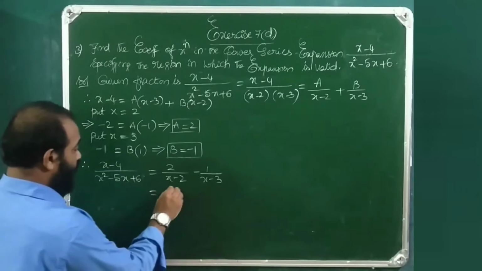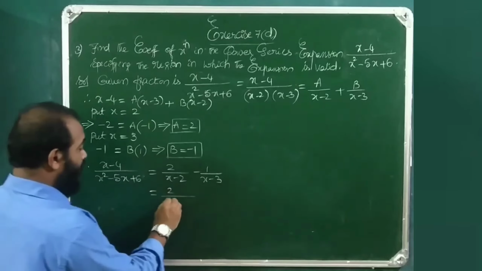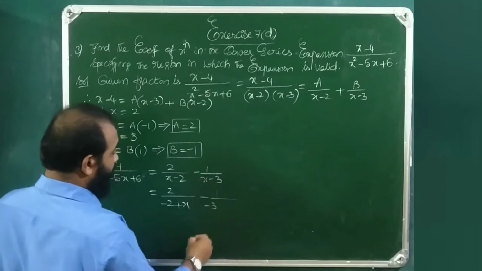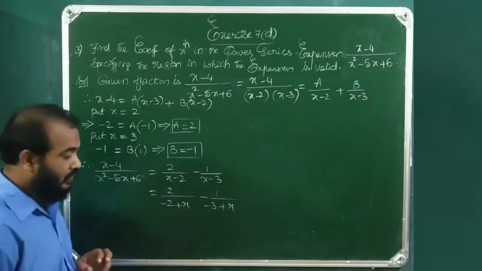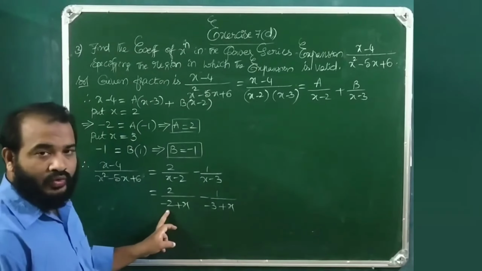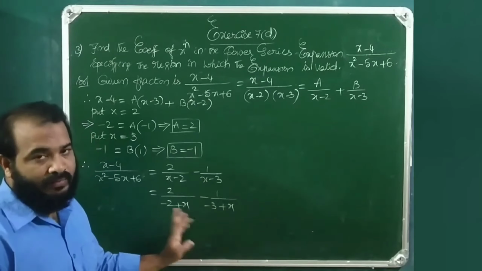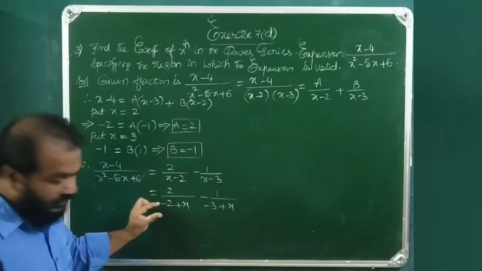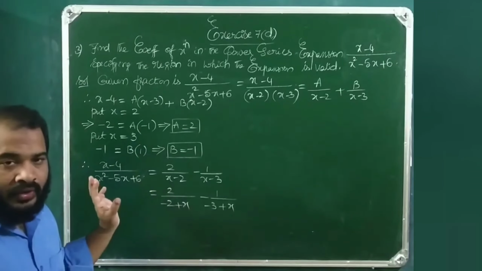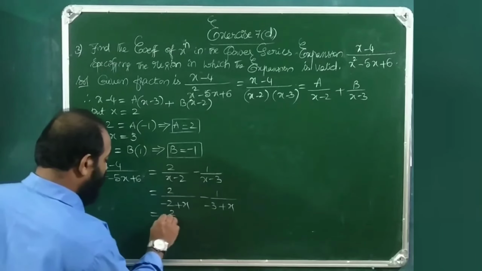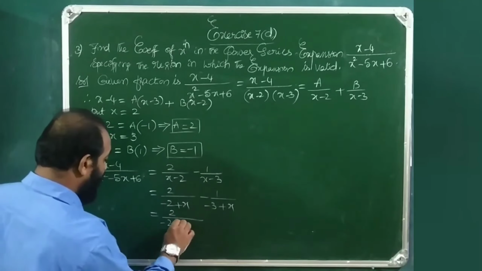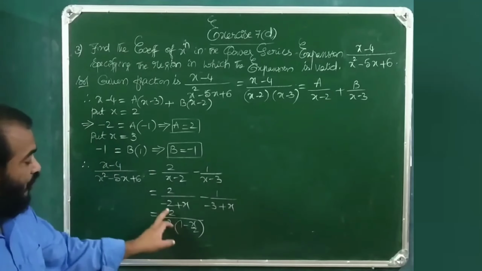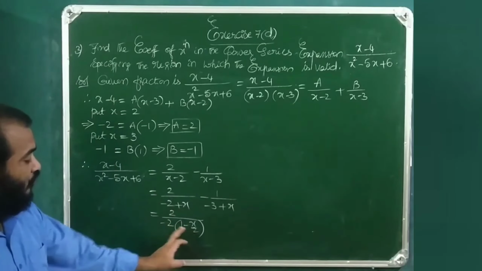So this is equal to 2 by (minus 2 plus x), minus 1 by (minus 3 plus x). So we have to convert this into 1 plus x or 1 minus x. So I want 1 here, for which let us take minus 2 in common. So 2 by minus 2 if you take common, then this is (1 minus x by 2). So minus 2 into (1 minus x by 2), minus and minus plus 2 gets cancelled.